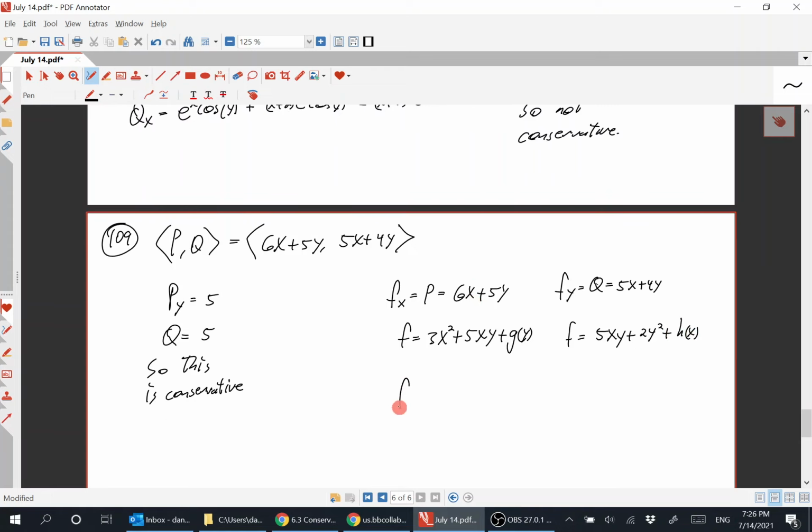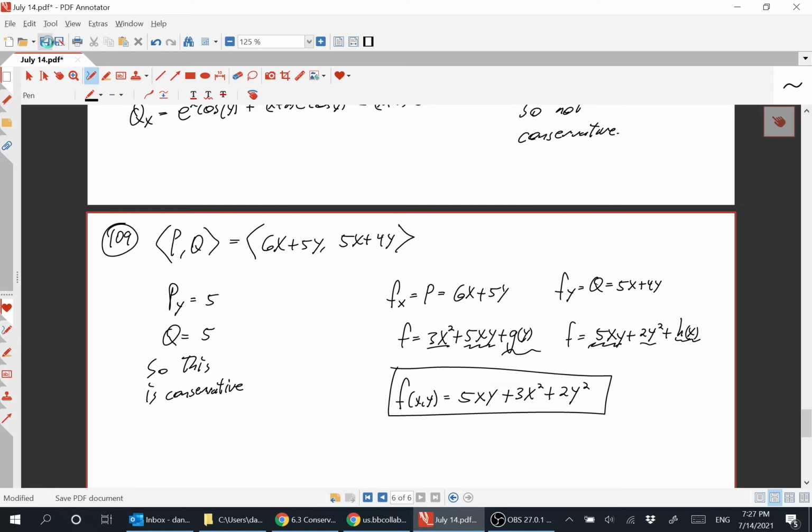So we have 5xy in both. Here's 3x squared, so h of x is 3x squared, and here's g of y, which is 2y squared. So there's your potential function. All right, so that function f, its gradient field, is the one we started with here.